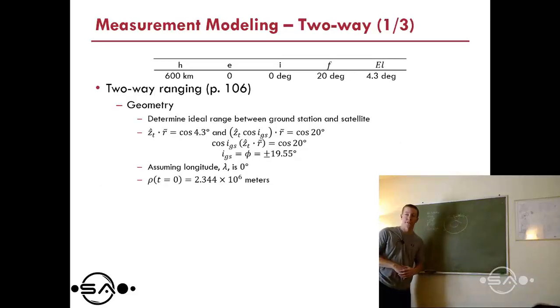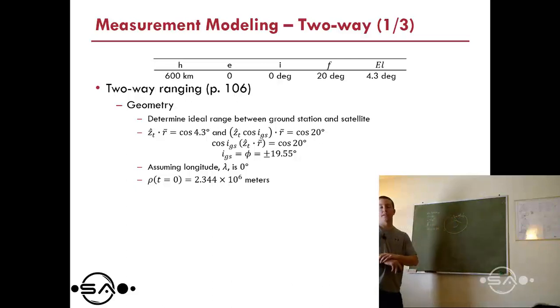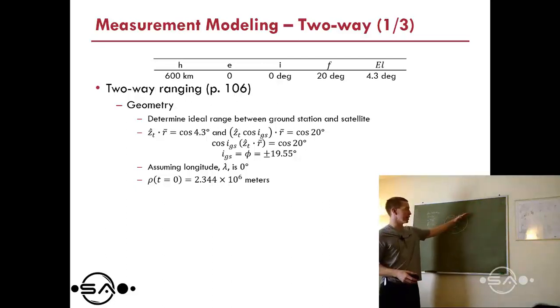So, two-way ranging. The first thing we want to do is determine the ideal range between the ground station and the satellite. In order to do that, we have to figure out our geometry. We know the zenith direction of the ground station, if blue is the zenith direction, then the satellite is 20 degrees past that zenith direction.